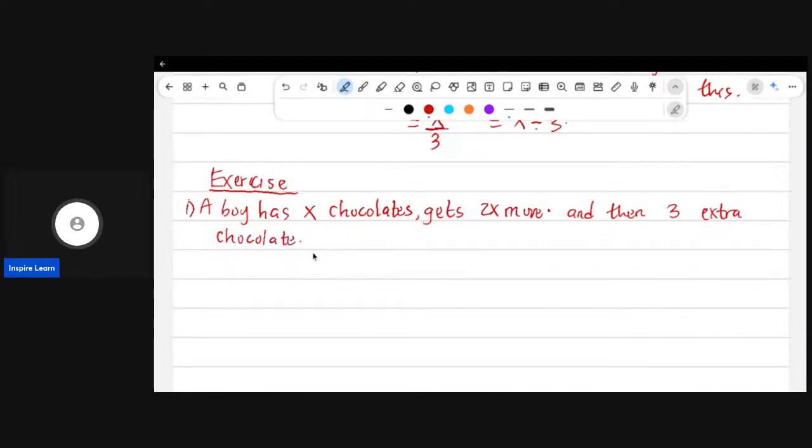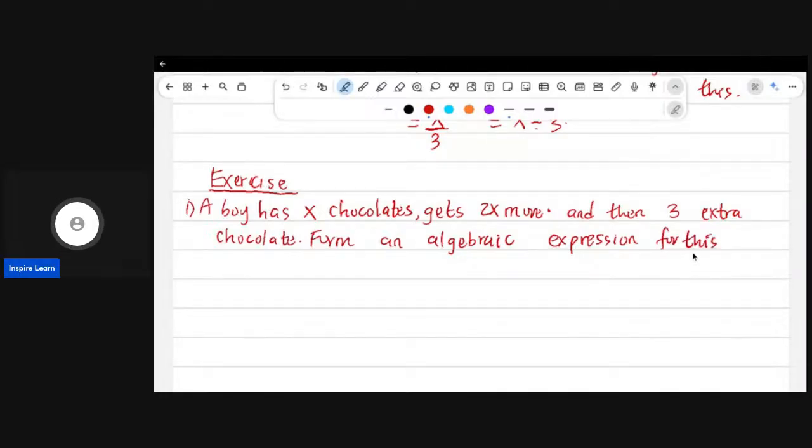Then you're told to form an algebraic expression for these.